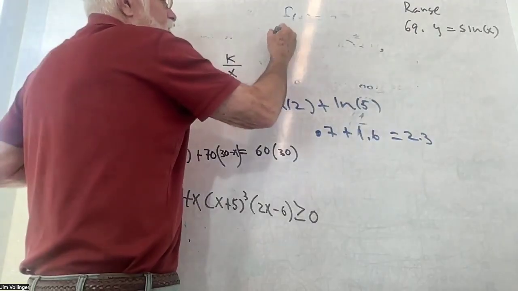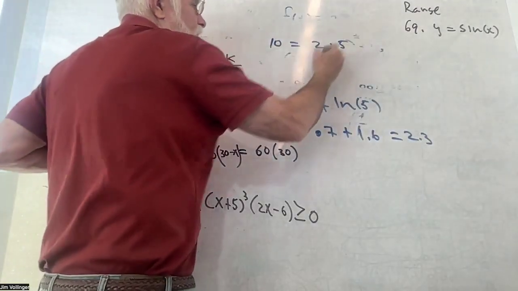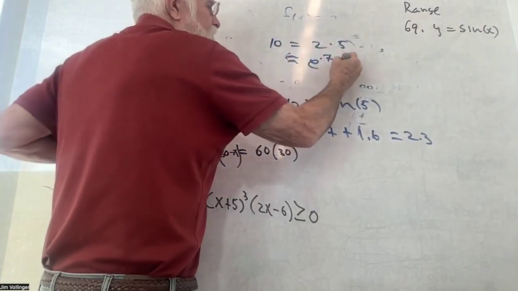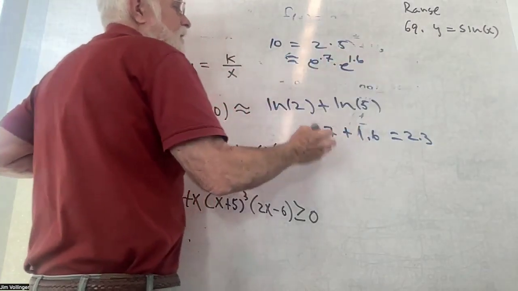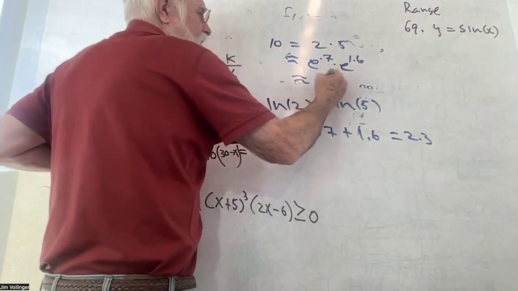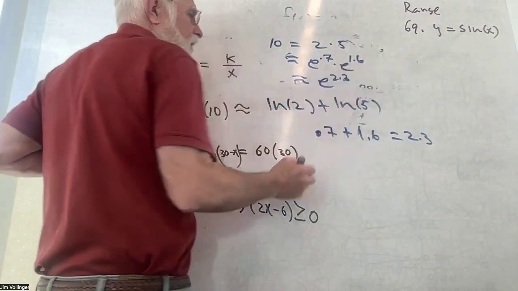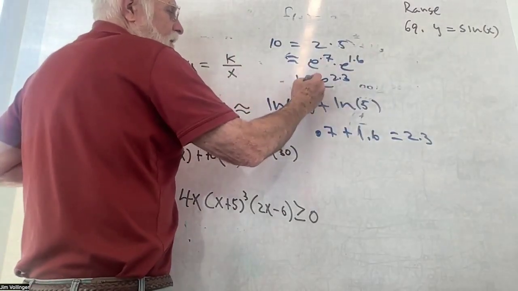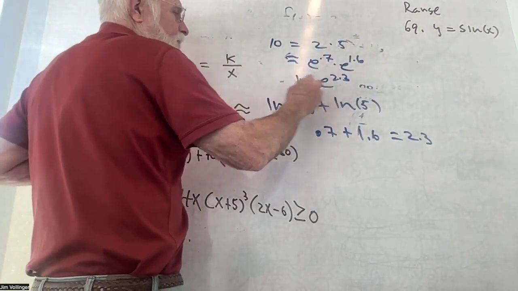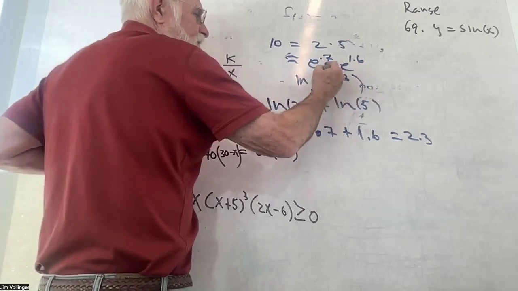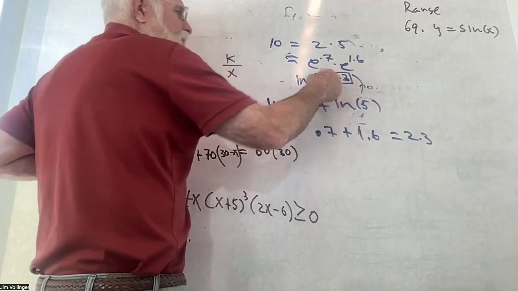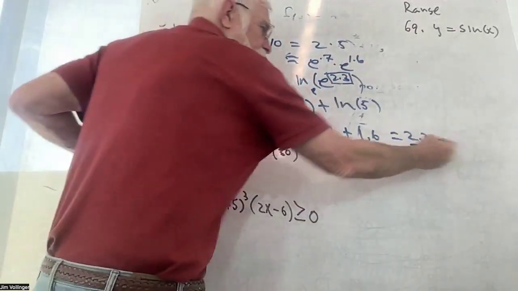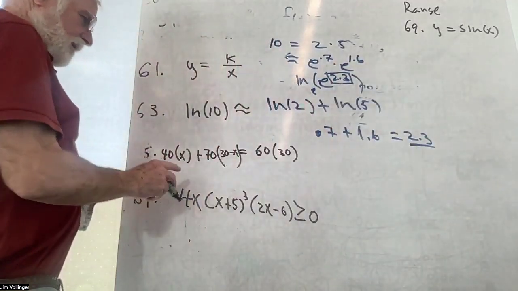Or maybe you have to write 10 as 2 times 5, which is e to the 0.7 times e to the 1.6, and that's approximately e to the 2.3. And then what's the ln of that? The ln is basically asking who's buried in Grant's tomb. What do you put on top of e to get what's in the parentheses? Well, right there. That's what you put on top of e to get 10. Okay, so that was the approximation.